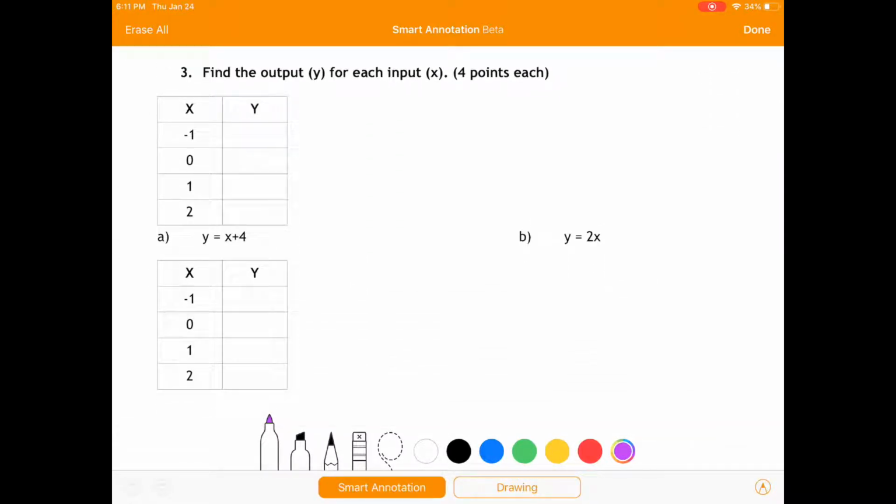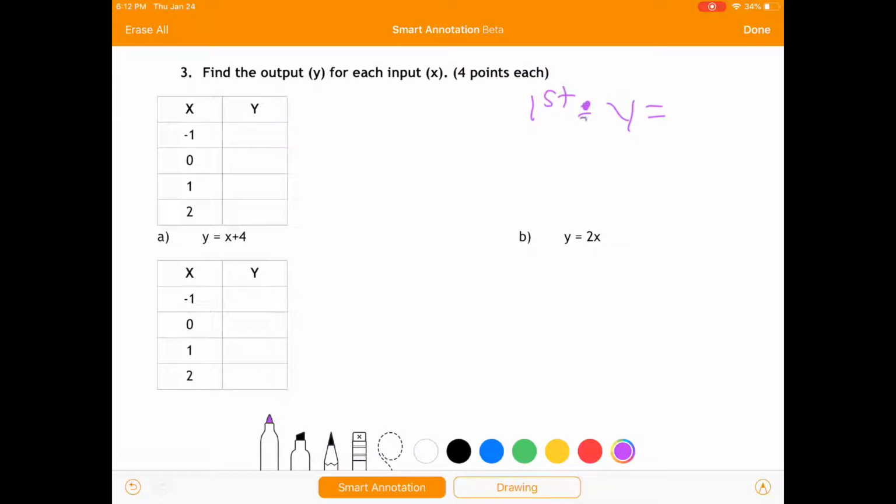So for number 3, you're going to either do this in the calculator or do this by hand like we just did. I'm okay with either. But what you're doing is going first to y equals.